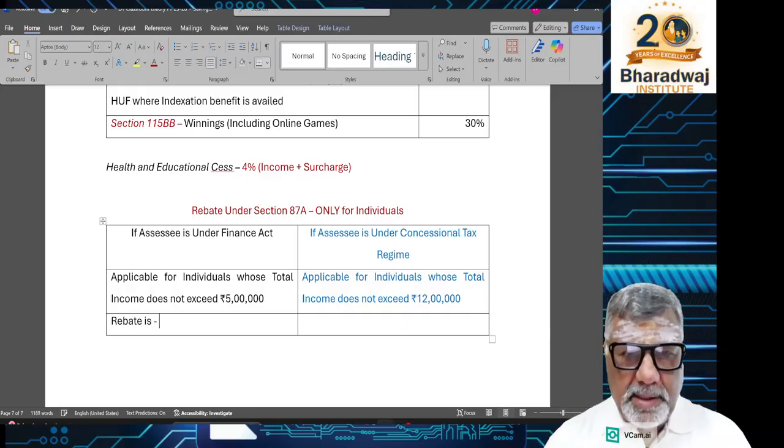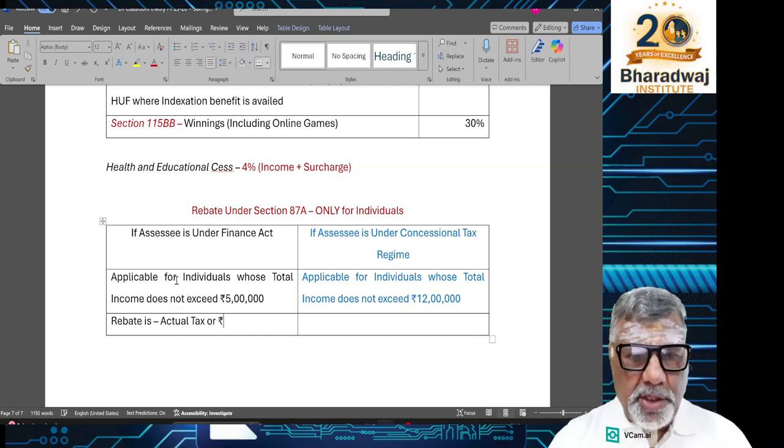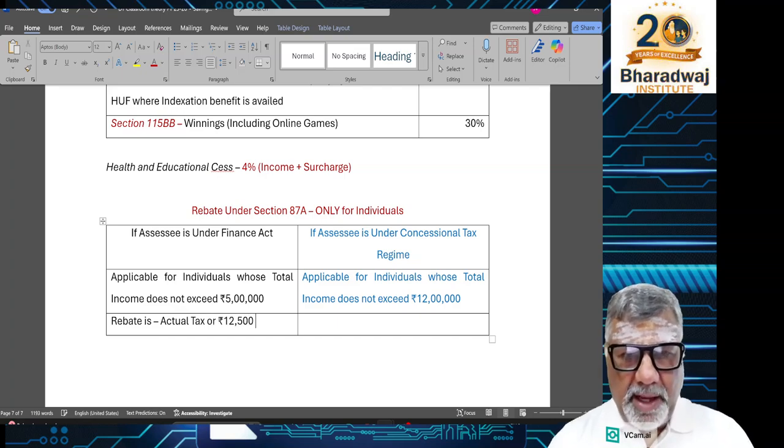Rebate is actual tax or rupees 12,500, whichever is less.